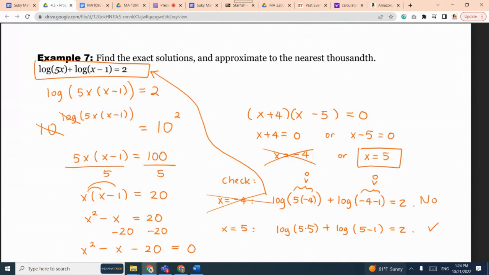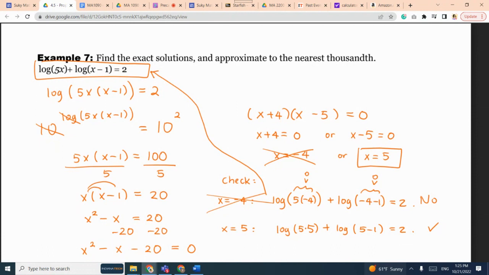What I did is, because I see both sides have a factor of 5, I divided both sides by 5 to make it easier. And then after I do that, this is a polynomial equation. So you want to distribute, expand, and move all the terms to the left-hand side. That's why x squared minus x, move the 20 to the left.